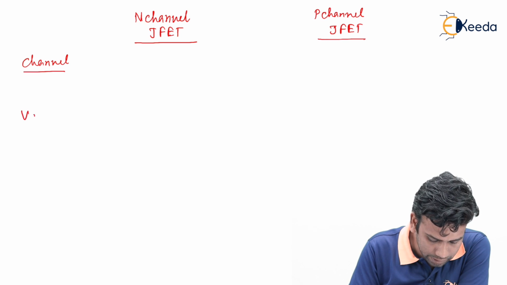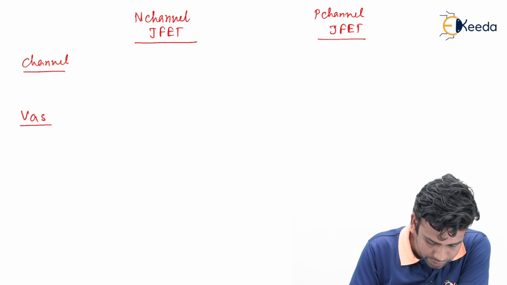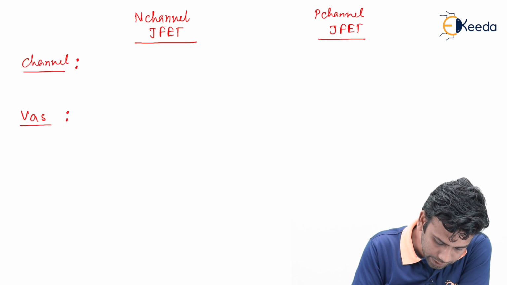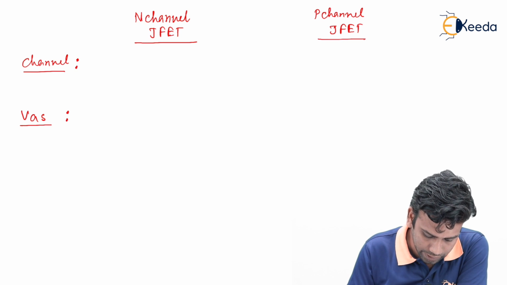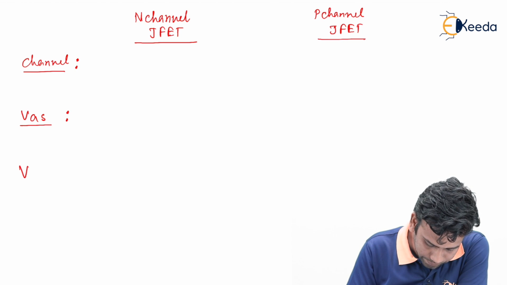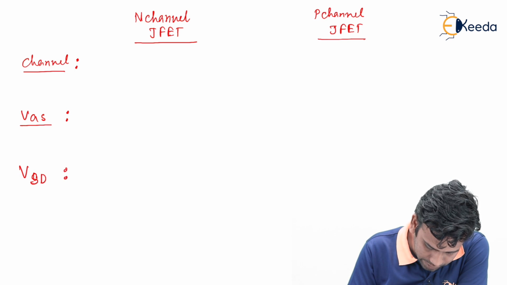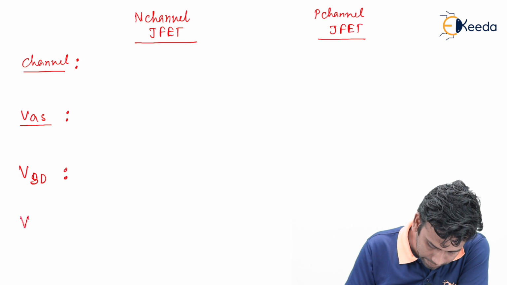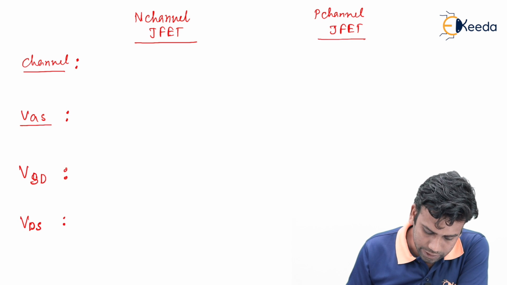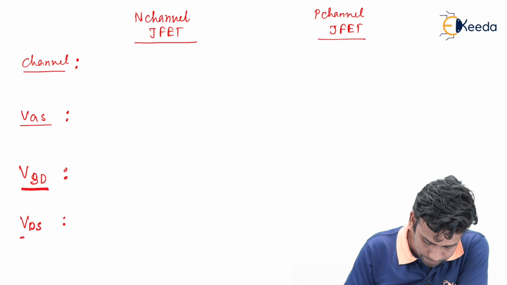We will see the gate to source voltage type or polarity for the N-channel JFET as well as the P-channel JFET, and we will also see the VDS or VSD for N-channel JFET and P-channel JFET.